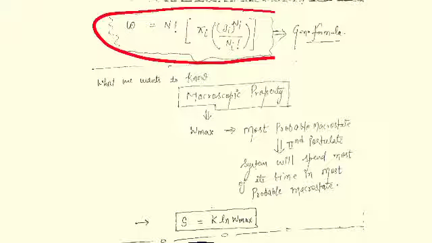Maximum probable microstates means the microstates where the particle spends most of its time, and we can also say the most probable macrostates. According to the second postulate, the property average equals the time average.